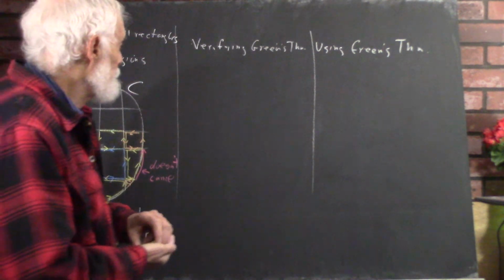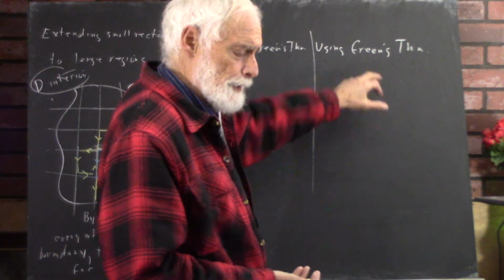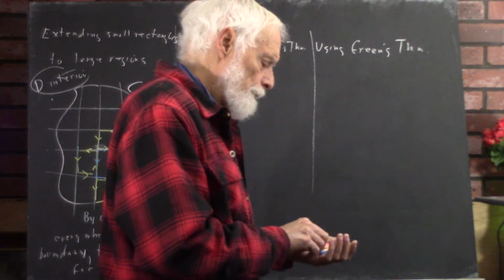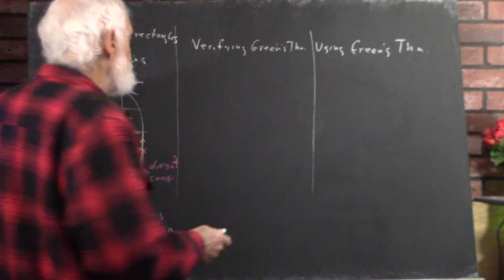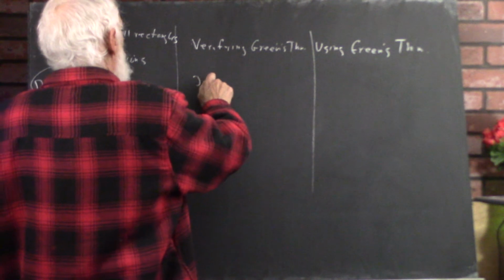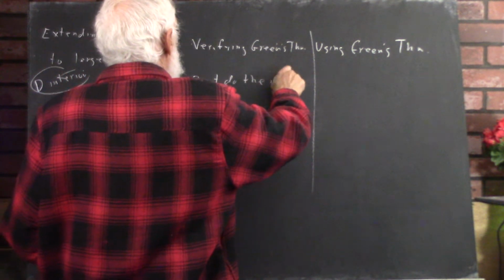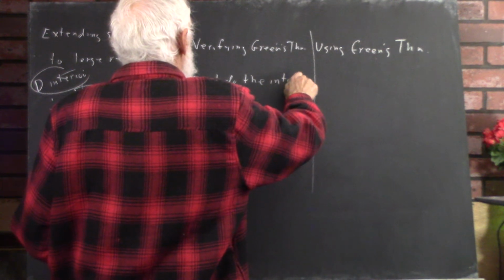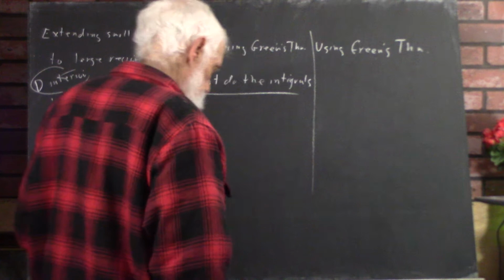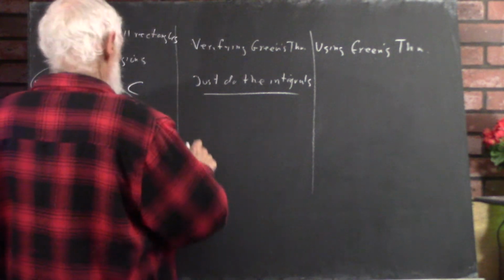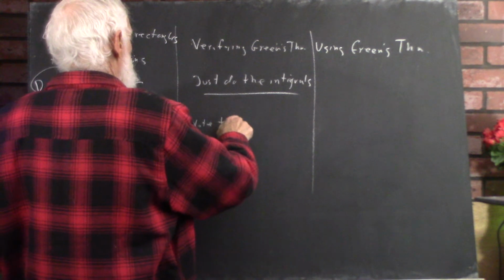And I'm out of time, so as far as verifying and using Green's theorem, your book's going to show you how to do that. To verify it, you just do the integrals. Okay, and note this is very important.